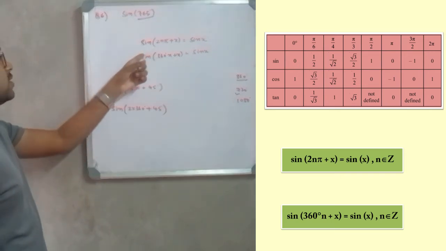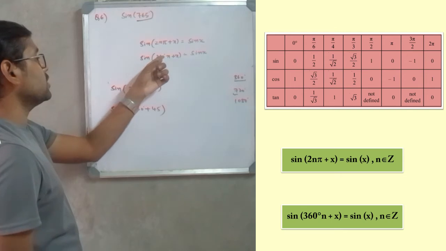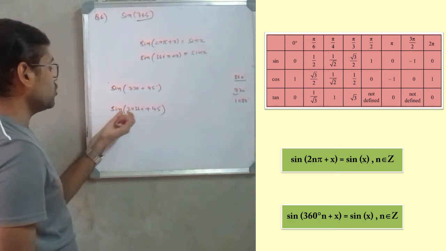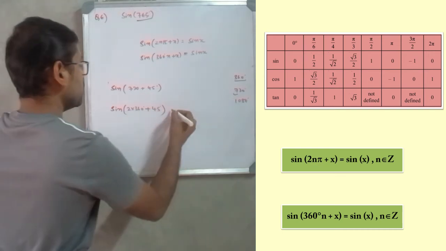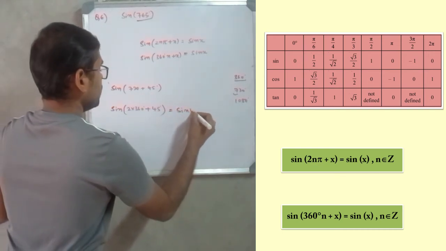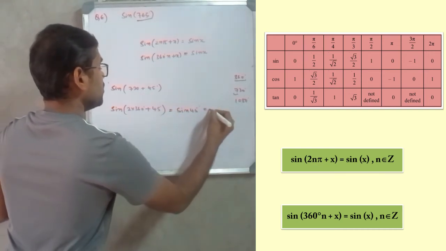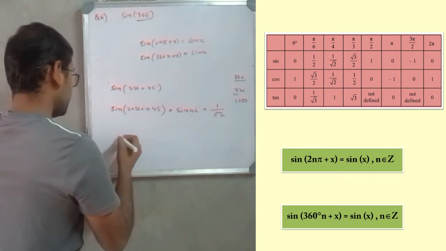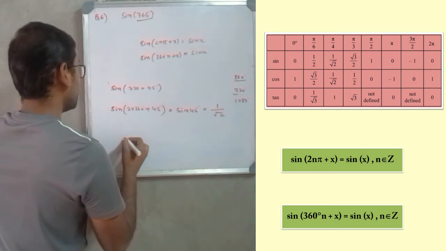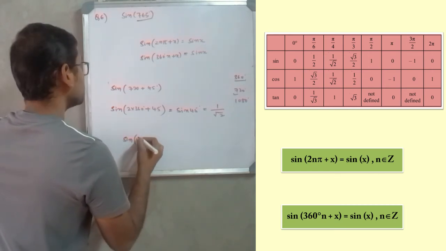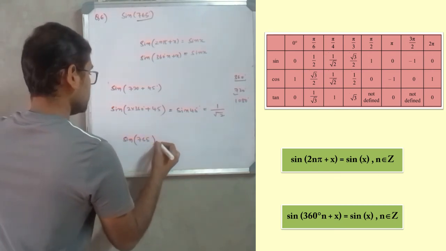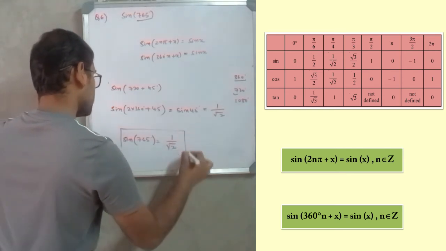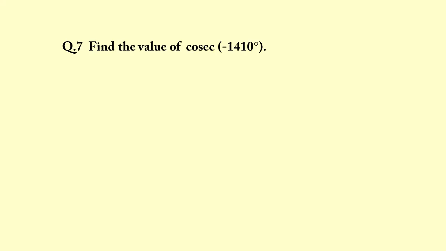Now from this relation we have sin 360 n plus x is equal to sin x, right? Here sin 2 into 360 plus 45 is equal to sin 45. We know the value of sin 45, which is equal to 1 by root 2. So by using this relation we have found out the value of sin 765, which is equal to 1 by root 2. This is the final answer.